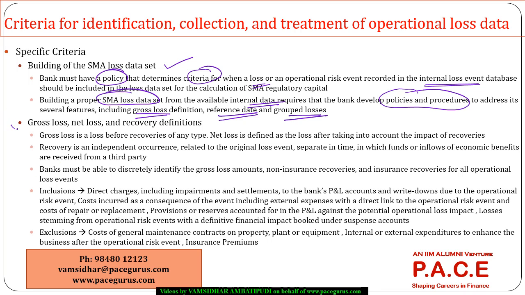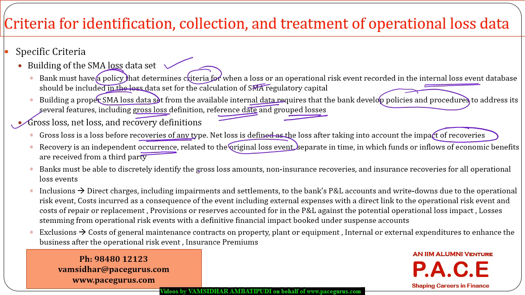So if I'm quickly looking at some of the definitions, gross loss is a loss before the recoveries. So I'm not considering the recoveries, it's an overall loss. But after I take into account the recoveries, whatever is the net that I am left with is the net loss. Now recovery is more or less an independent occurrence. It's purely based on the original loss event, right?